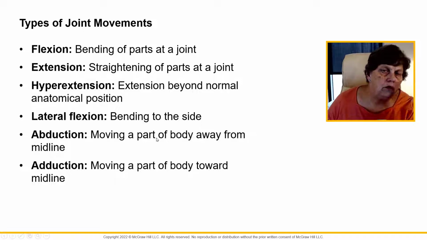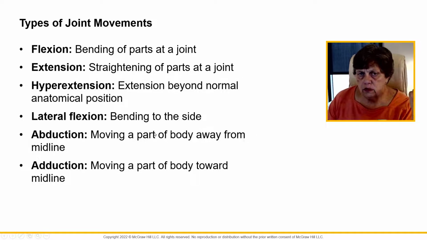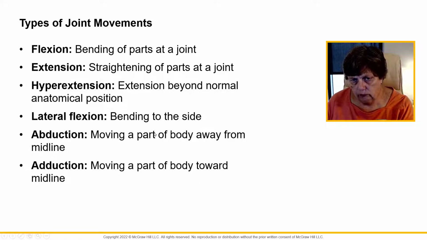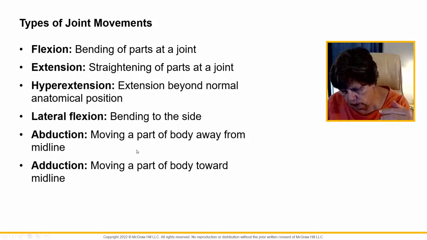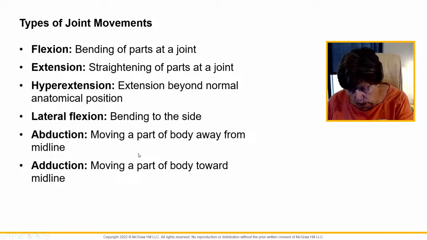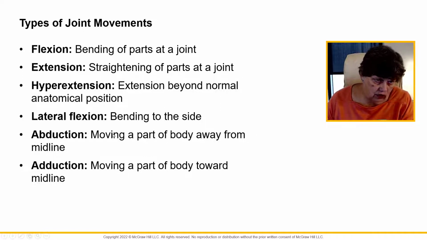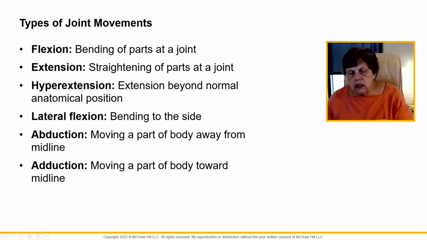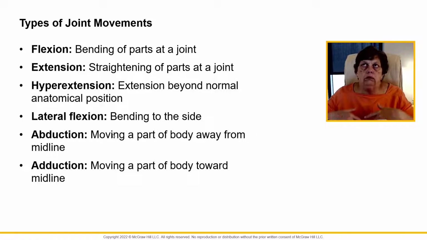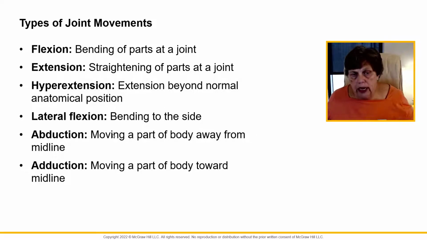Now, the kinds of movements that we can do, we're going to go over these, and this is important because when we go over the muscles, you're going to be required to know the names of the muscles, and you're going to have to be able to state what the movement is. So it flexes the arm, it extends the arm. On the test, you can't say moves the arm, moves the leg.